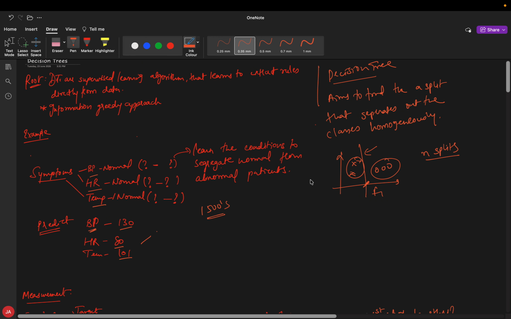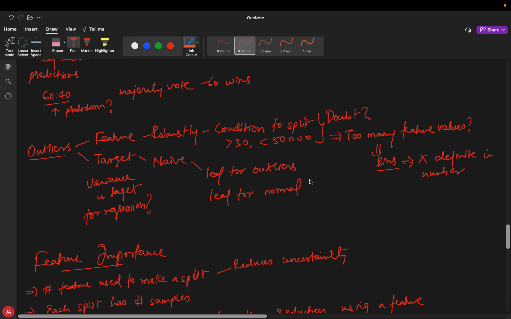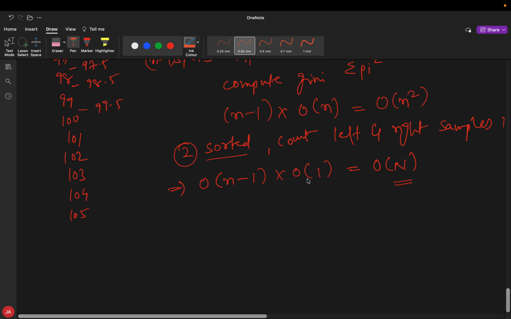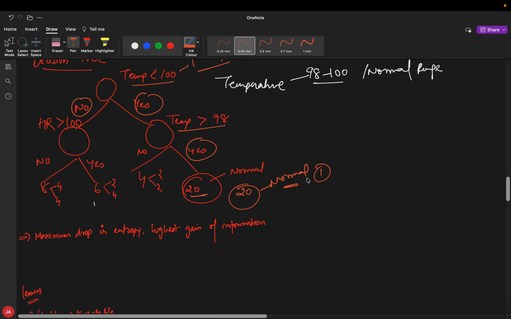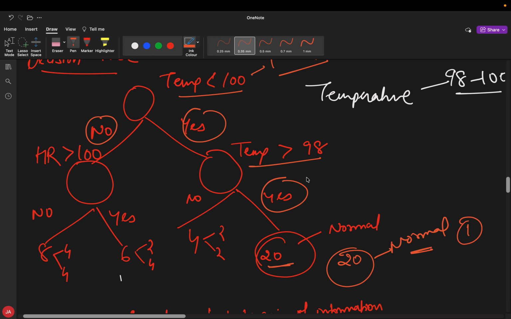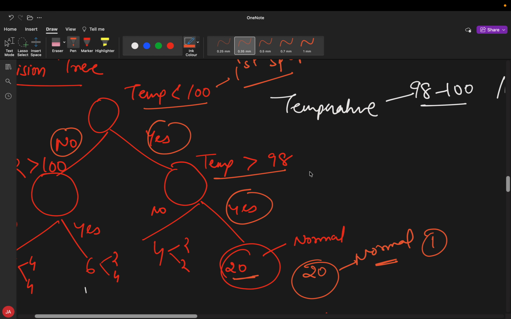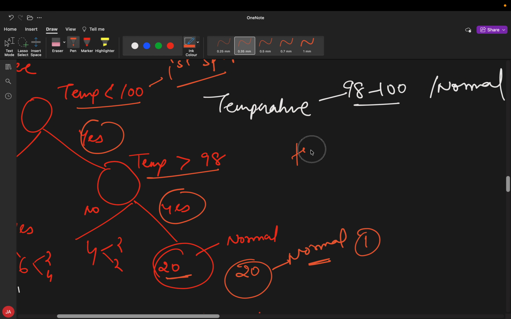But the thing is, using this formula we calculate the uncertainty, and whichever feature threshold gives me the best reduction in the uncertainty, or you can say maximum information gain, both are the same thing.